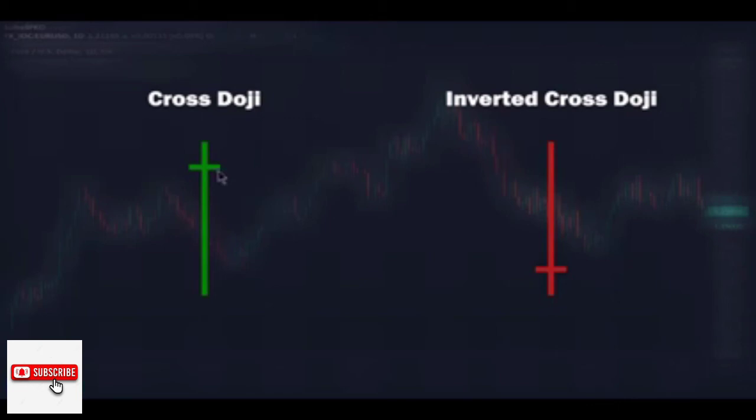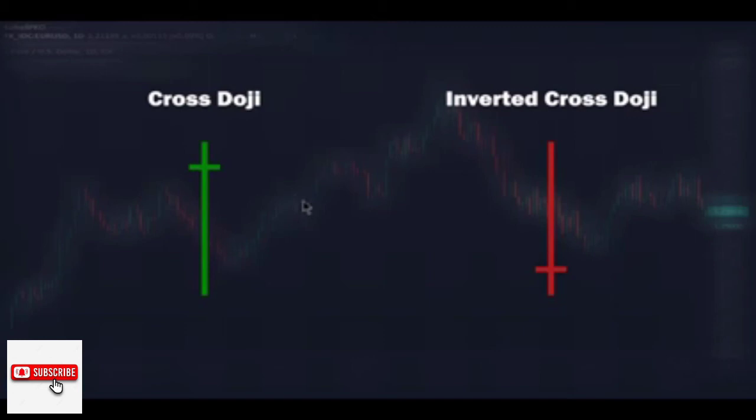Cross doji is similar to hammer and hanging man, and inverted cross doji is similar to inverted hammer and shooting star. The only difference is that here in cross doji and inverted cross doji, the open and close are approximately equal, and we don't have any activity between open and close, which shows a greater amount of indecision.